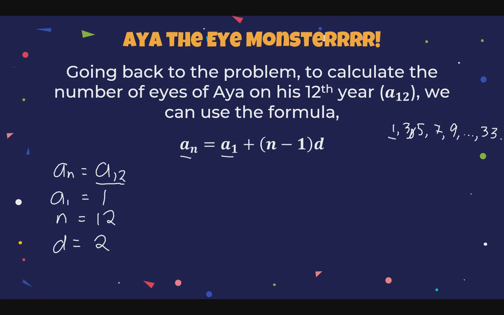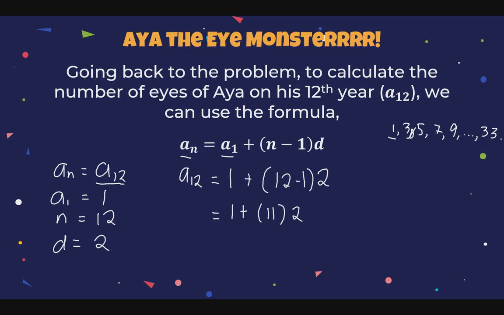A sub n, or a sub 12, is equal to a sub 1, which is 1, plus n, which is 12, minus 1 times 2. So a sub 12 will be equal to 1 plus 12 minus 1, which is 11, times 2.